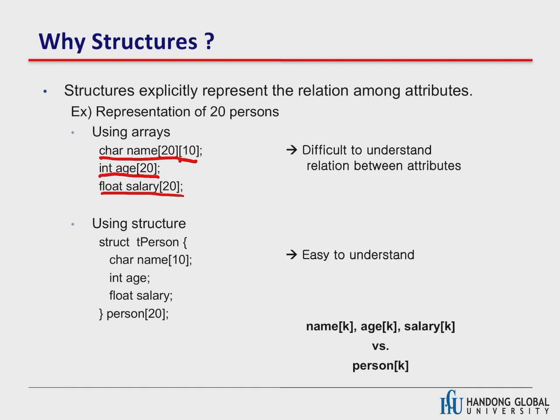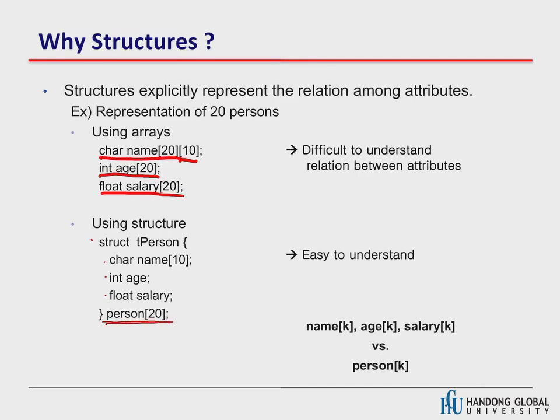In this example, we have struct person, and each person has a name, age, and salary. So we have an array of structures. Since each person has its own name, age, and salary, we don't need separate arrays for names, ages, and salaries.